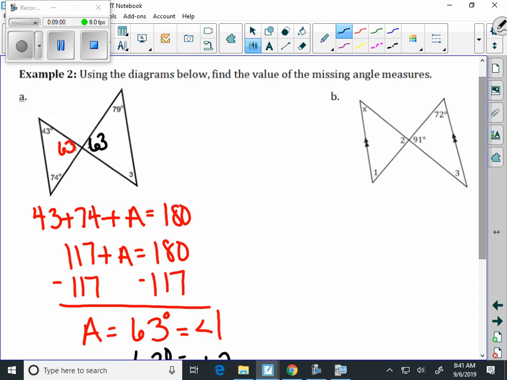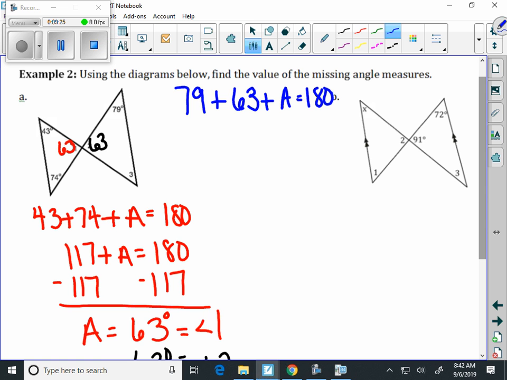And that's going to be helpful because we need to figure out, well, what is the measure of angle 3? So when we go back and fill this one in, we've got 79 plus 63 plus angle 3, again I'm going to call angle A, equals 180.